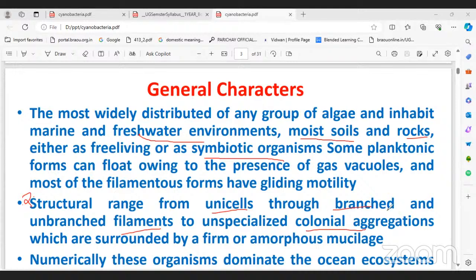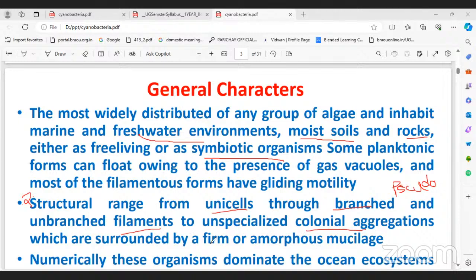You can add another word, pseudo-branched, which is also present in the cyanophyte thallus.